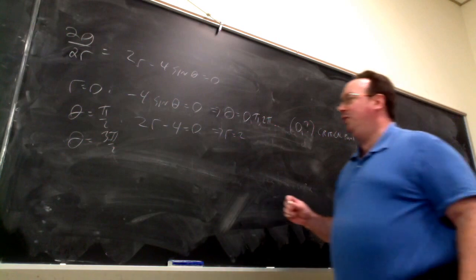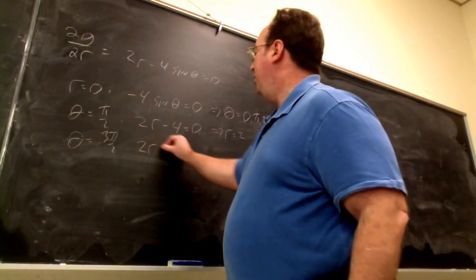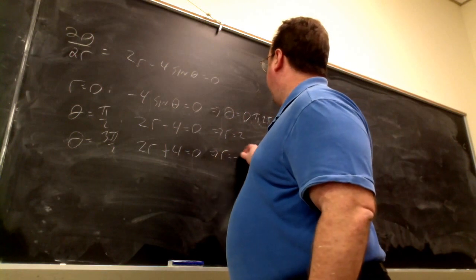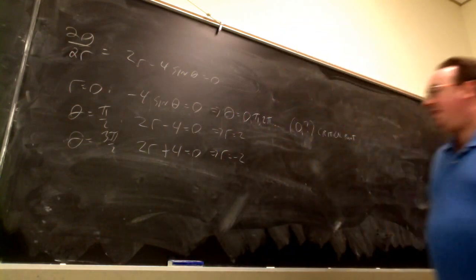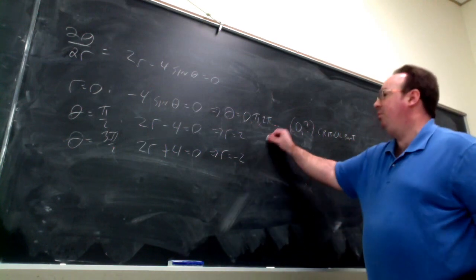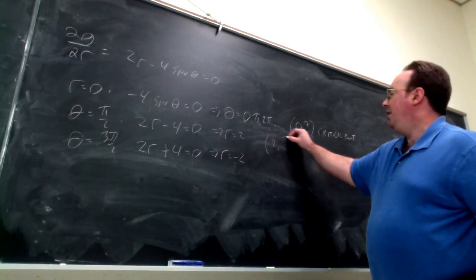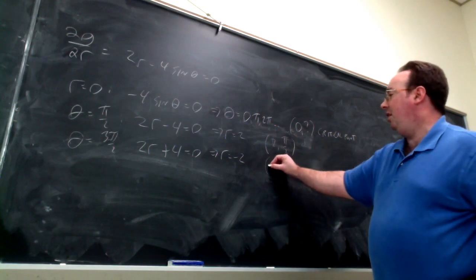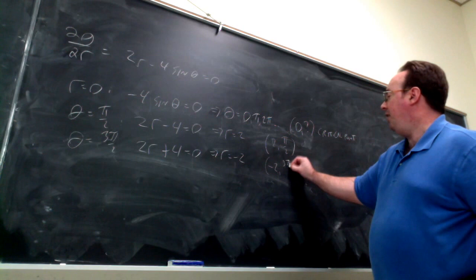Yes, I heard someone whisper that. Negative 1. 2r plus 4 is equal to 0. So r is equal to minus 2. So now, this gives us a critical point: r is 2, theta is pi over 2. And this gives us a critical point: r is minus 2, 3 pi over 2.